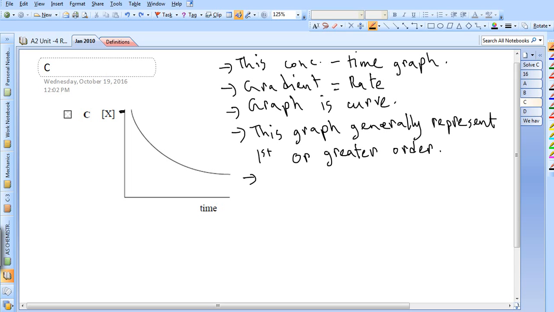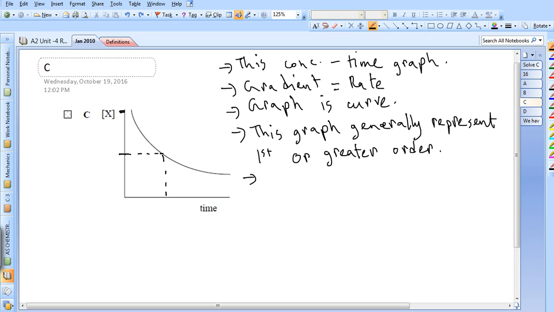In chemical terms we use half-life as the time taken for the initial concentration to become half. So this is the initial concentration and here it becomes half. So this would be the half-life.